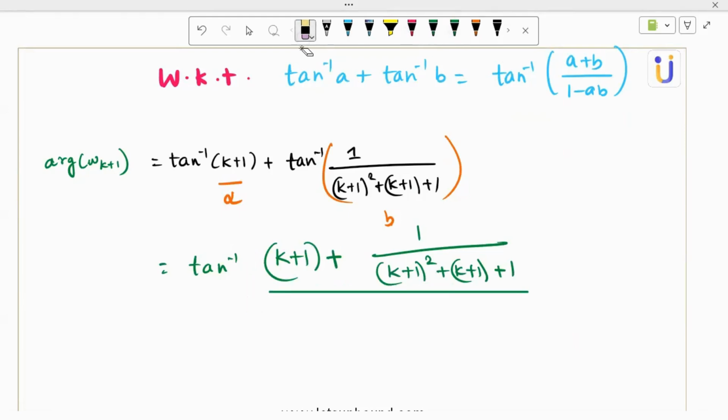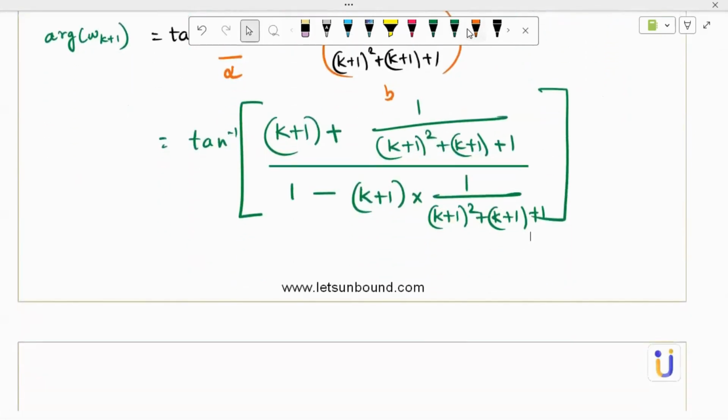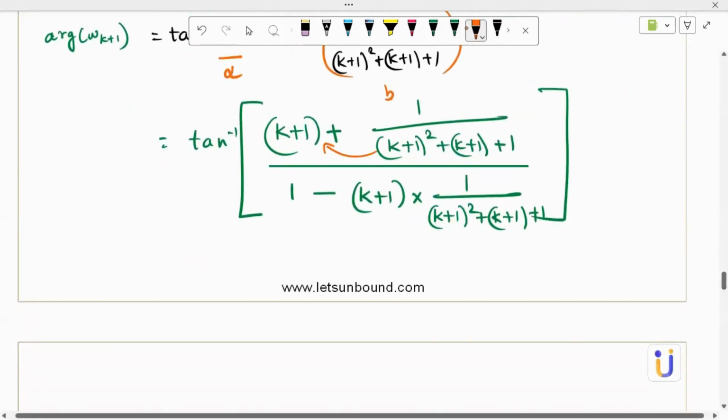So let me expand this bracket. Divided by 1 minus A, which is k plus 1, times 1 divided by k plus 1 the whole square plus k plus 1 plus 1. Now it's time to simplify this. So just cross multiply over here and you will get tan inverse and a big bracket. k plus 1 is already there and this is going to be multiplied by the denominator, k plus 1 square plus k plus 1 plus 1.